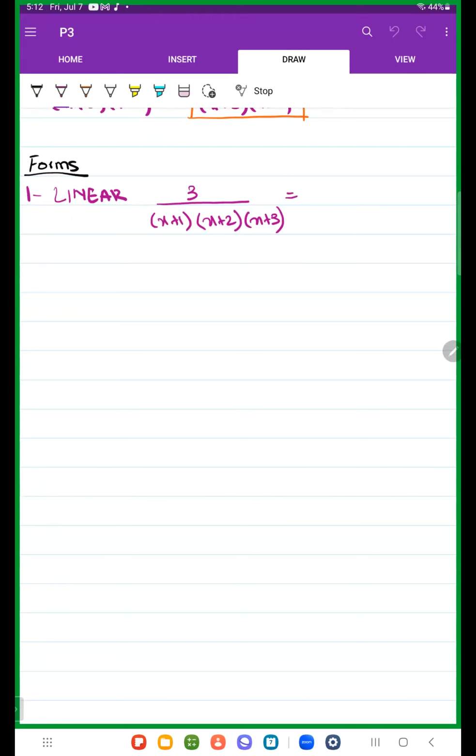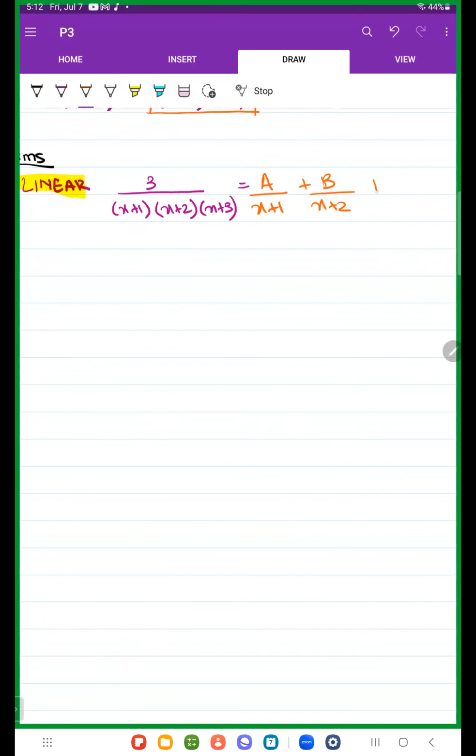So if they have given you a question with linear form, you have to give an answer in the form a upon x plus 1 plus b upon x plus 2 plus c upon x plus 3.